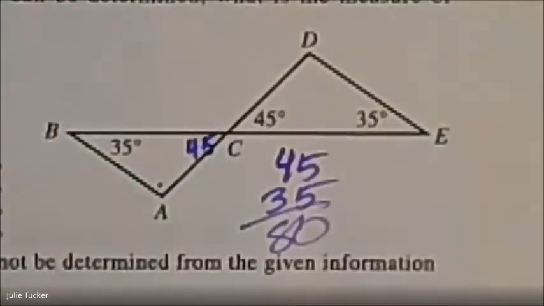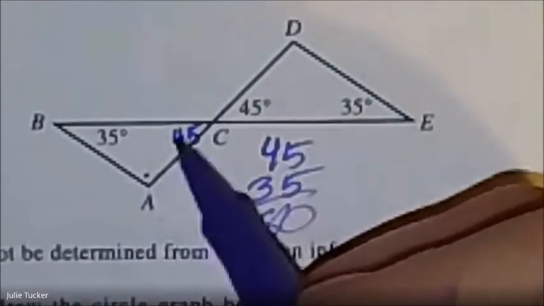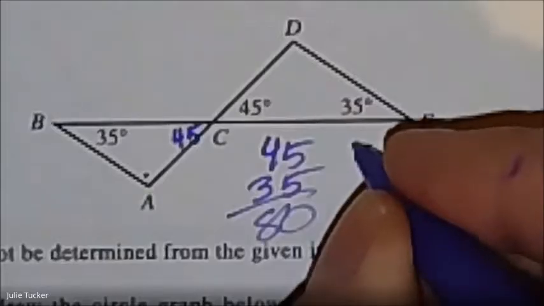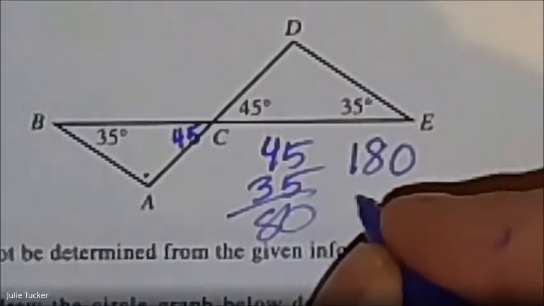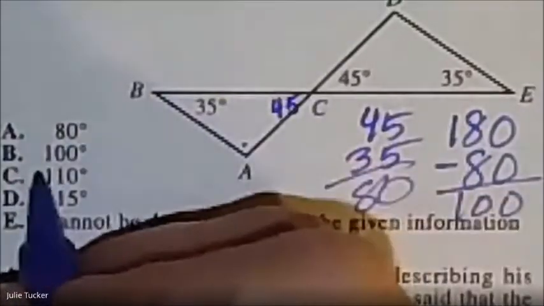And now what? Not divide. What does the whole triangle have to add up to? Good job. You must have had a really good geometry teacher. Okay, so our answer is B.